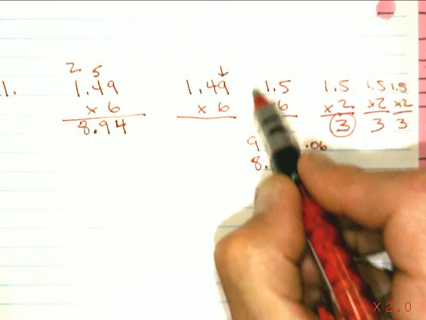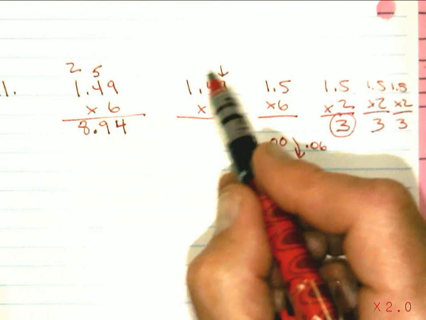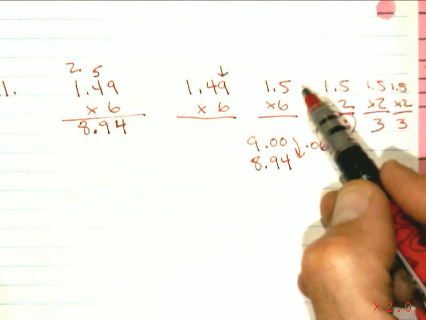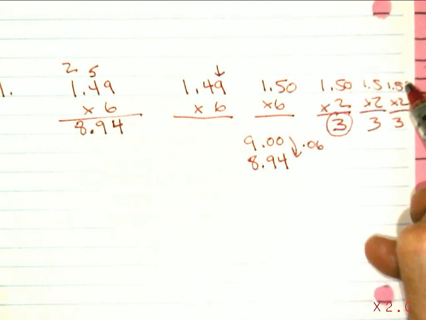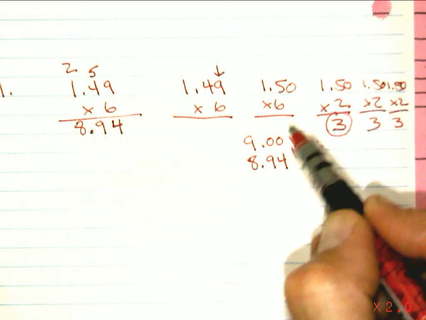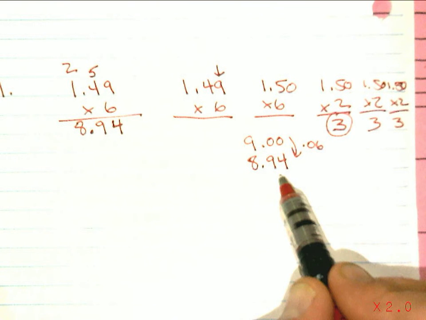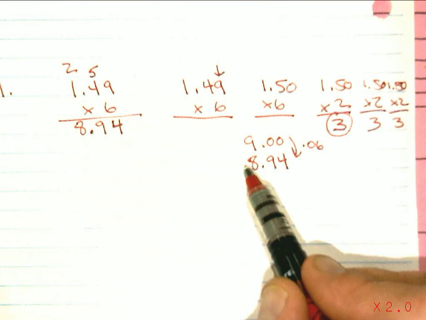So when I see a problem like this, I'm pretty much thinking in terms of money. $1.50 times 6 is $9, minus 6 cents, if that helps you, is $8.94.